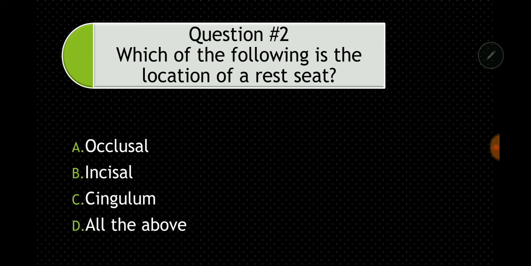A rest seat can be put on all of these. You can put it on the occlusal surface, the incisal surface, and also on a cingulum. Of course, you have to prepare the tooth for that. So the answer here is D. These are straightforward, so there's no need for prolonged feedback on this one.